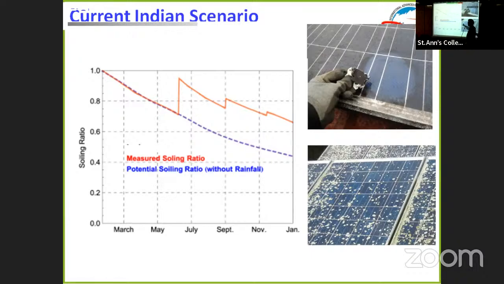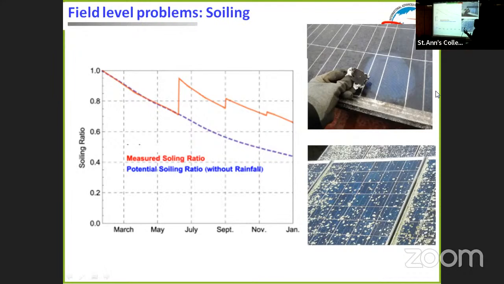The blue line indicates the projected one, but up to this point was measurement. So if you have a 1 megawatt plant, then within 3 months your power plant is operating at only 80% capacity. The remaining 20% is not functioning. So it's a loss for the investor, and it's a loss for environmental action.